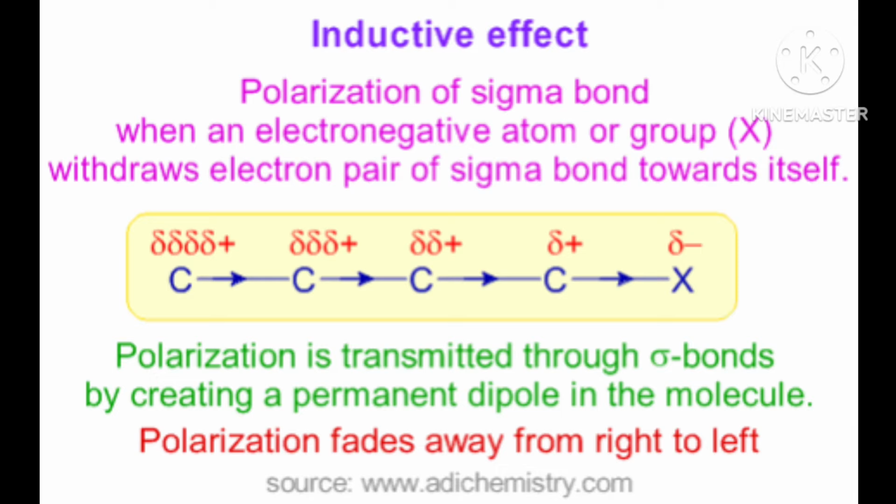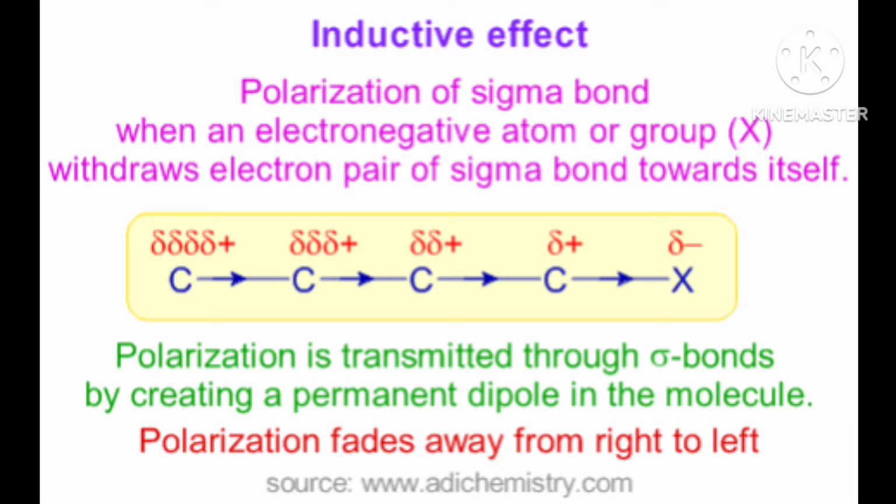Then alkyl halide, R3CX, where X is a halogen atom. The carbon atom in a carbocation has a sextet configuration, hence it is electron deficient.